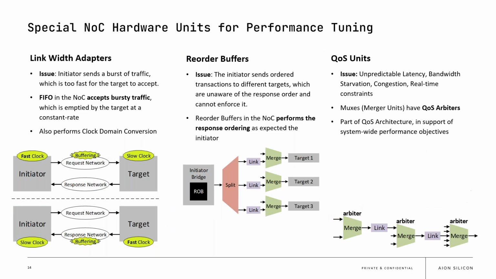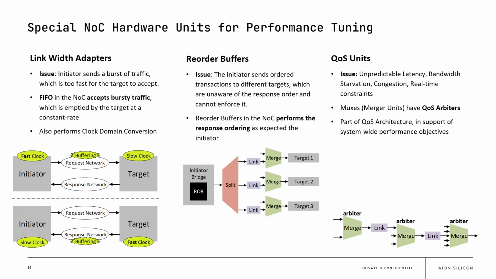Some special NoC hardware units allow for performance tuning. So you've got your link with adapters. Say you've got your initiator running at a fast clock and your target running at a slow clock. Because the target is running at a slow clock, your requests will need to be buffered and stored somewhere while the target is able to drain that buffer and receive those requests.